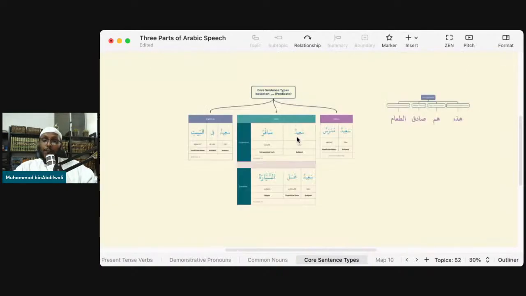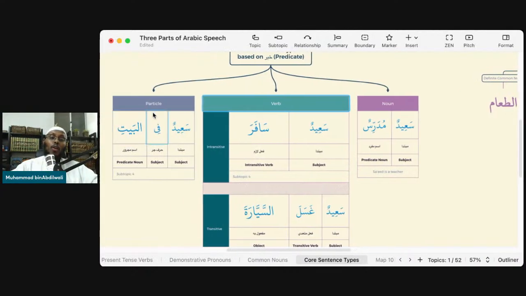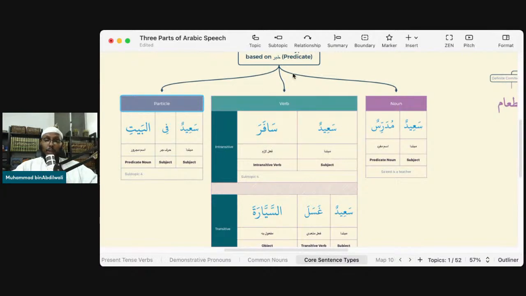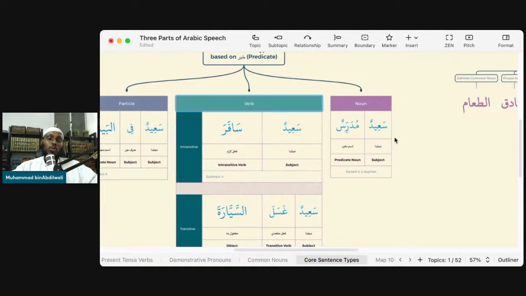Next one, we have a mubtada followed by a verb. And the third one is a mubtada followed by a particle. You see? Three categories of speech. Now, when would you have a mubtada followed by a verb? Simple.